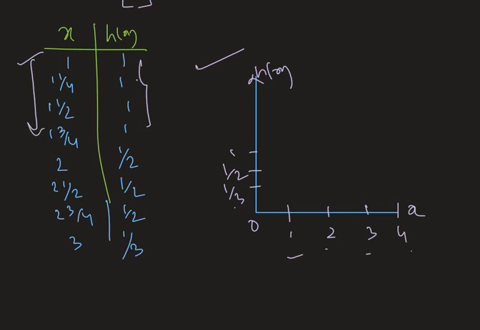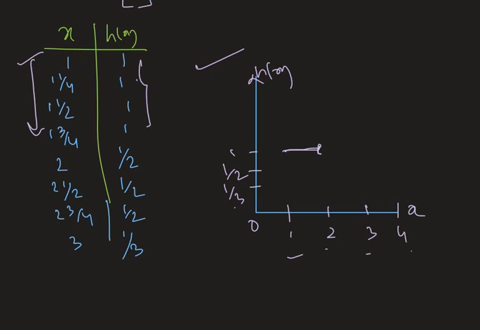Therefore we can say that from 1 to less than 2 we get 1.